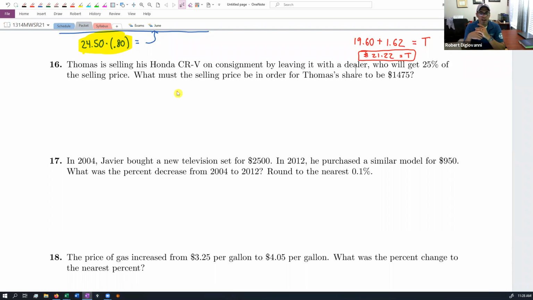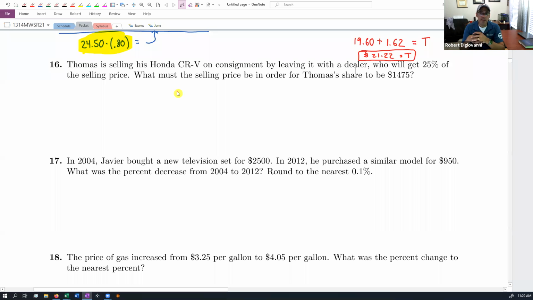So do y'all know what consignment is? If you don't, there are consignment furniture stores where you can take your old furniture and give it to them and they'll say, yeah, that looks good. And they'll put it on their floor and they will sell it for you. And if it sells, they will give you a certain percent and they will keep a certain percent.